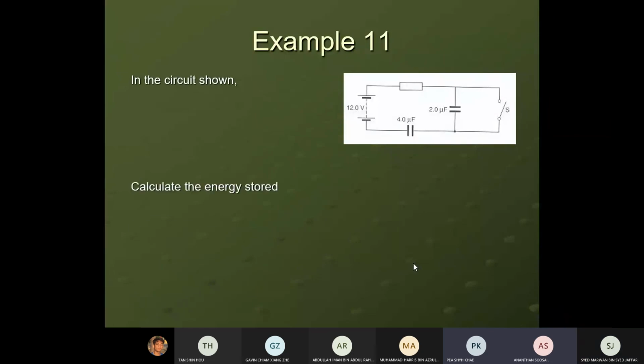Okay, so another question. There is a circuit with a resistor and 2 capacitors, one 2 microfarad and another 4 microfarad, connected in series. There is a switch which is open at the moment, and 12 volt.